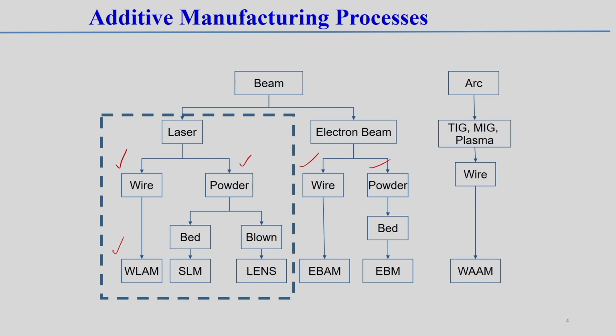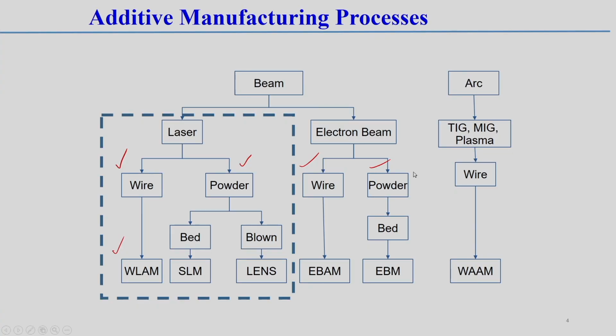On the other side, suppose there is a need for a large deposition rate. In that case wire arc additive manufacturing technology is more suitable, but you cannot expect as much surface finish as with laser or electron beam based technology.